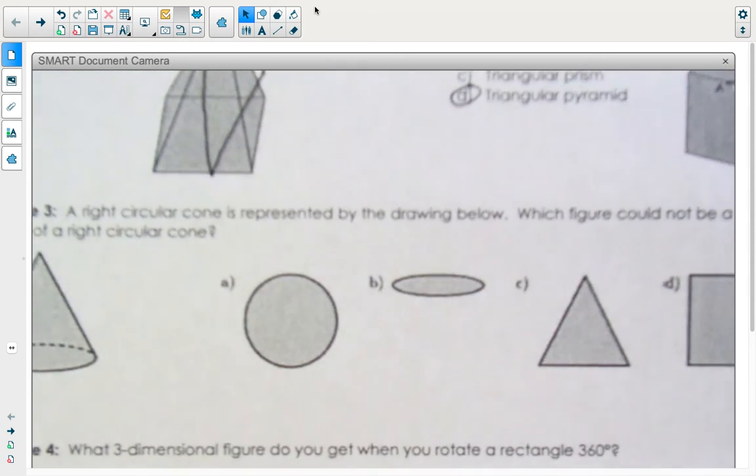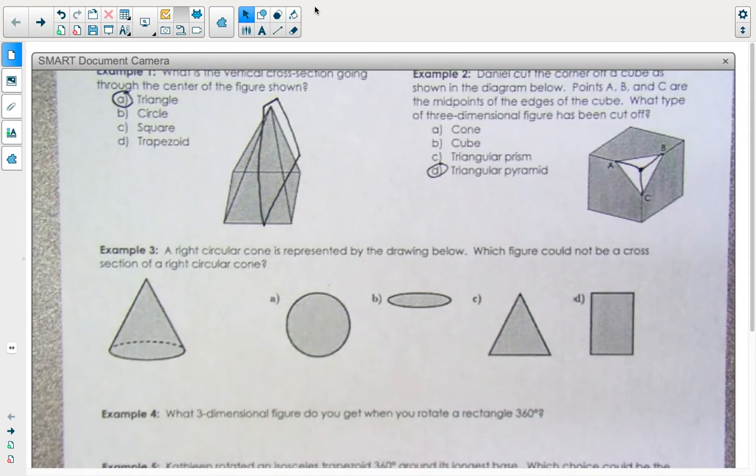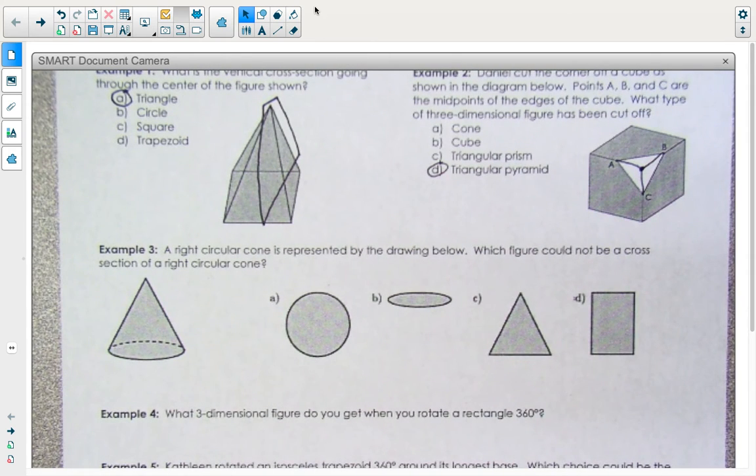Example 3. A right circular cone is represented by the drawing below. Which figure could not be a cross section of a right circular cone? So which one is not going to work? If I cut it parallel to the base or if I cut it vertically to the base, which shape is not going to be made?